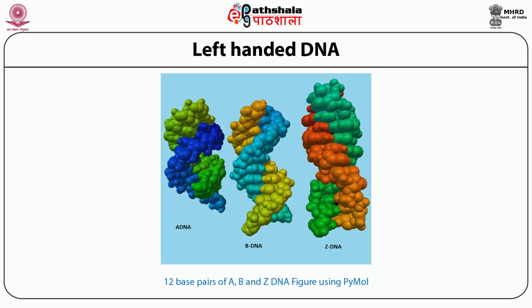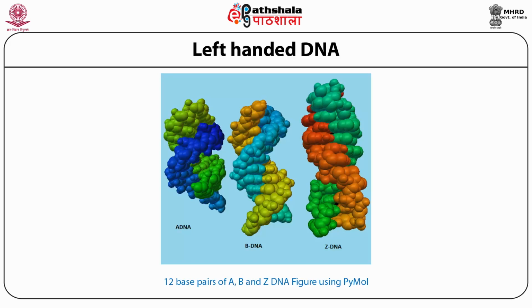In this picture, we show comparison of A, B and Z DNA. All these three structures have 12 base pairs and you can see the difference in the relative heights: Z DNA is tall, B DNA is medium with the curved grooves, A DNA is short and stout.